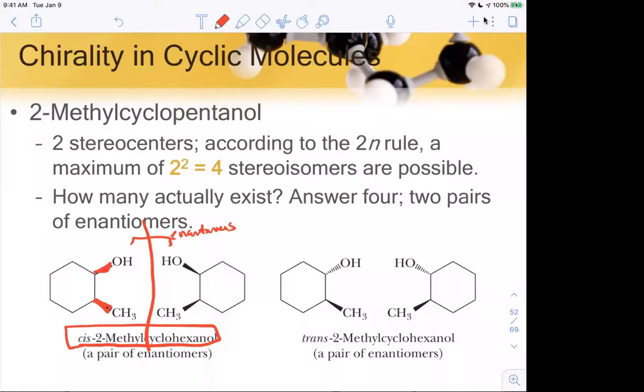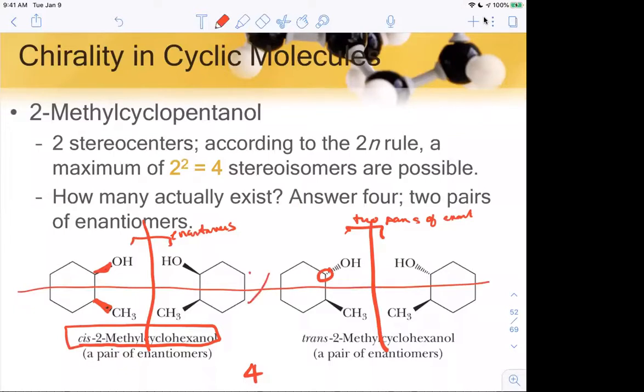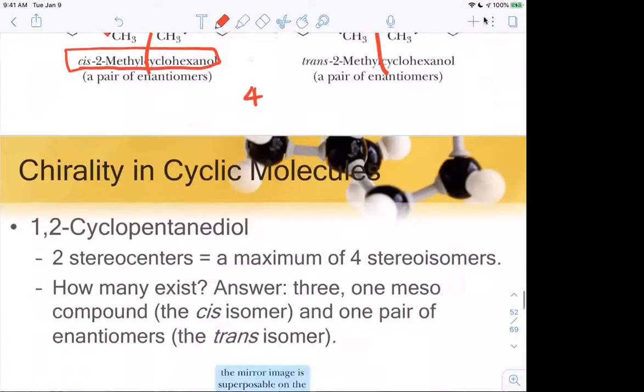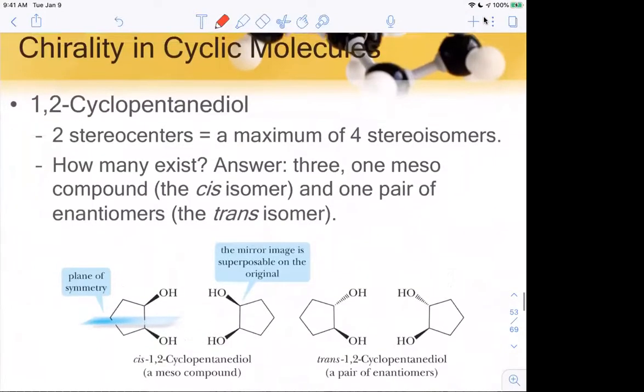This is changed, and then I have the mirror image. So this is two pairs of enantiomers. I actually have 4 here because I don't have any internal plane of symmetry. They don't exist.